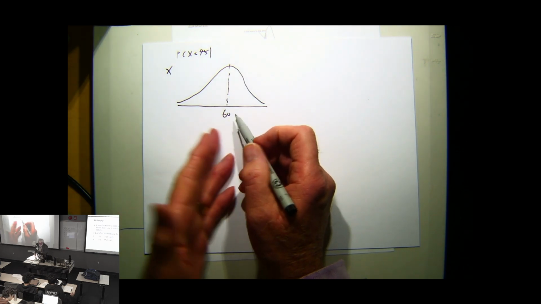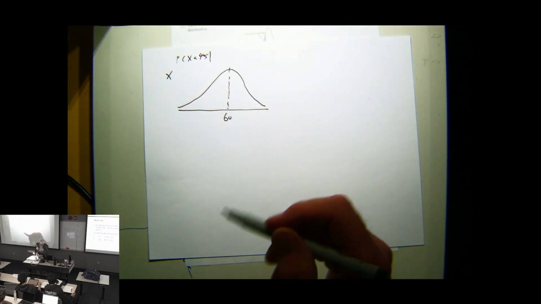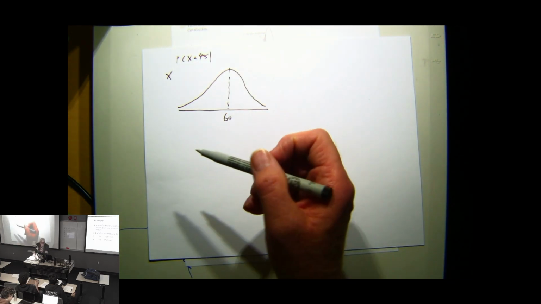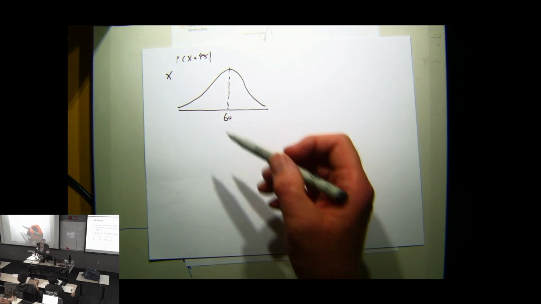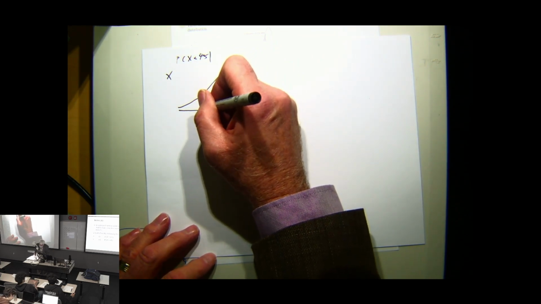Here's a critical thing people mess up when they try to do it in their head without drawing a picture: you have to recognize that 45 is to the left of the mean. The standard deviation is 10, so that's 1.5 standard deviations below. So 45 is going to be about right here. It's not critical where you draw the 45, as long as you recognize it's to the left of the mean. Everything works out if you can get that right.